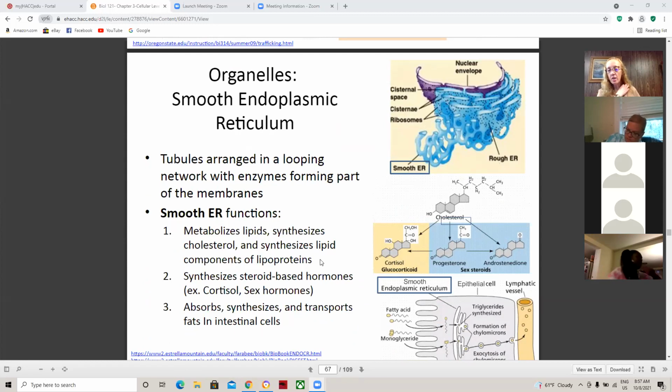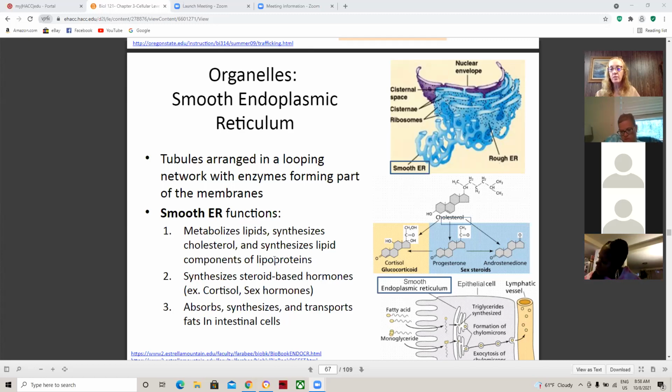The smooth endoplasmic reticulum functions in metabolizing lipids, synthesizing cholesterol. And if you remember, cholesterol is the precursor molecule for all steroids. So the smooth ER synthesizes cholesterol, synthesizes lipid components of lipoproteins.